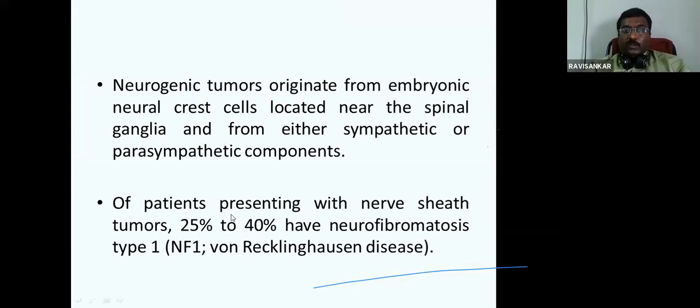The nerve sheath tumors, 25 to 40% of them have neurofibromatosis 1 type. The neurogenic tumors originate from embryonic neural vessels near the spinal ganglia.